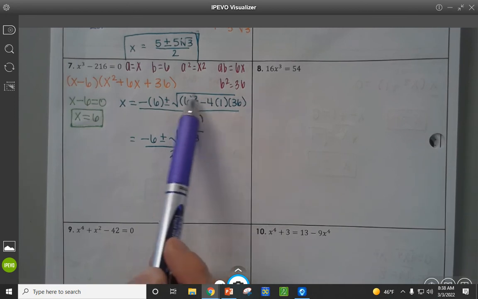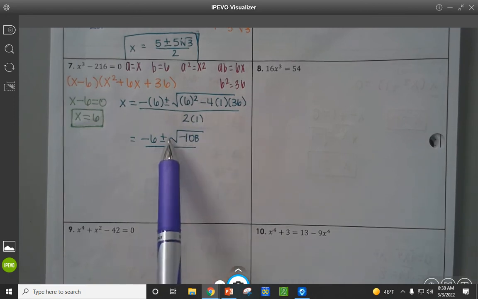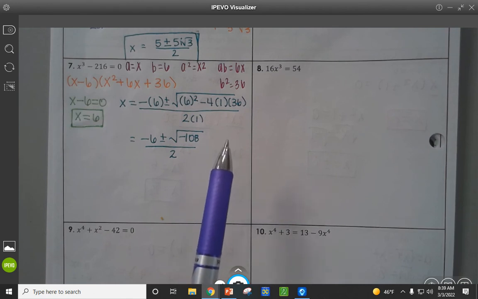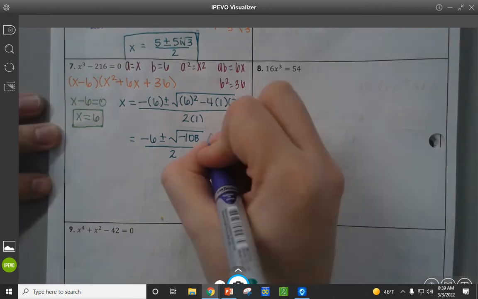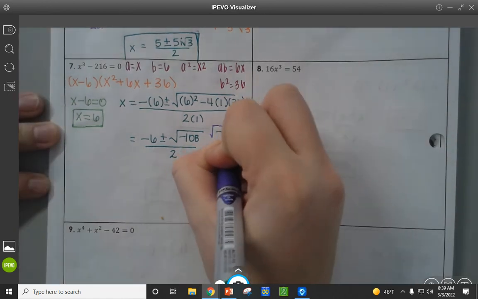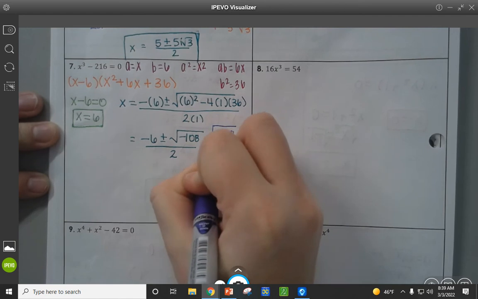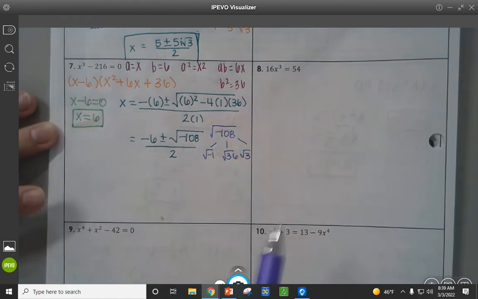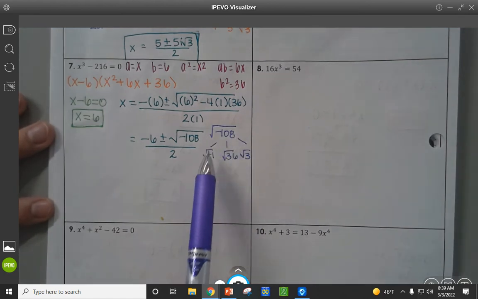And when you type these numbers in, you should get negative 108. And that breaks down. The negative 1 comes down.